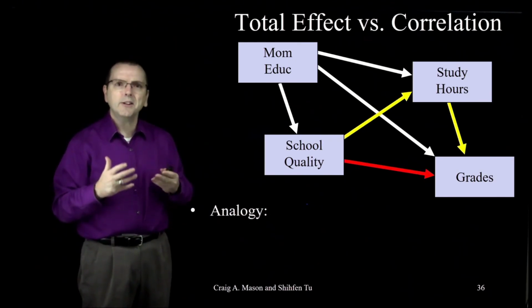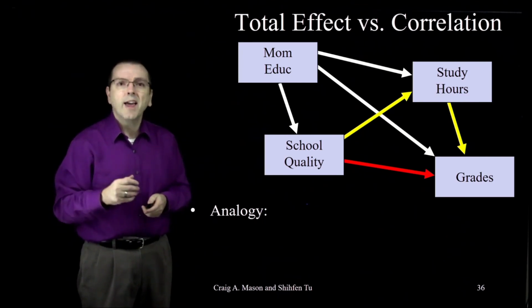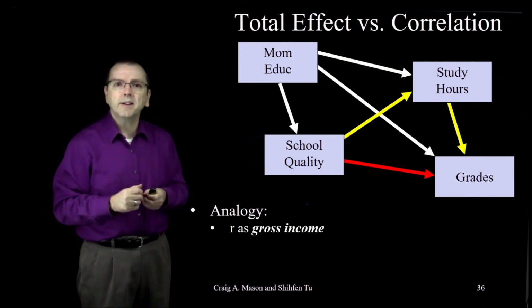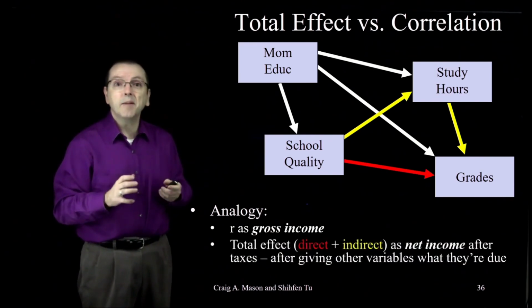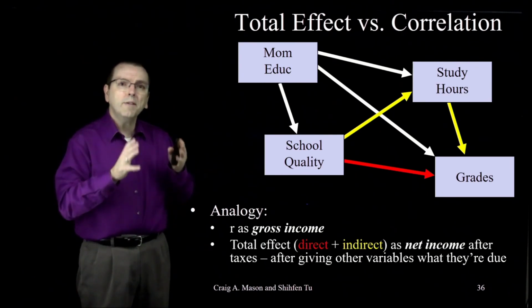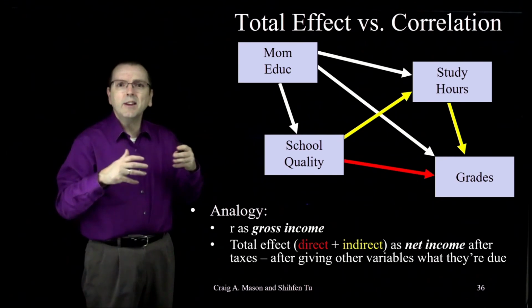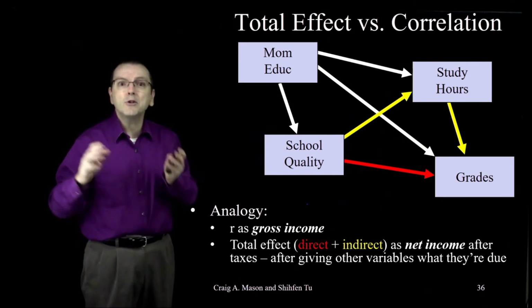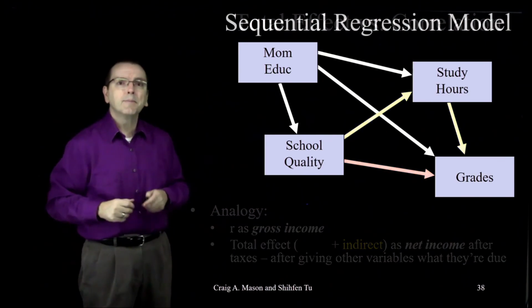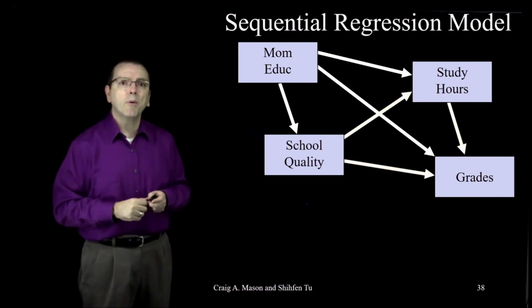An analogy would be to think of the correlation as gross income, while the total effect is the net income after paying taxes. The total effect is what's left over after giving the earlier common causes their due, their rightful credit for their effect. So let's wrap up this video at this point.